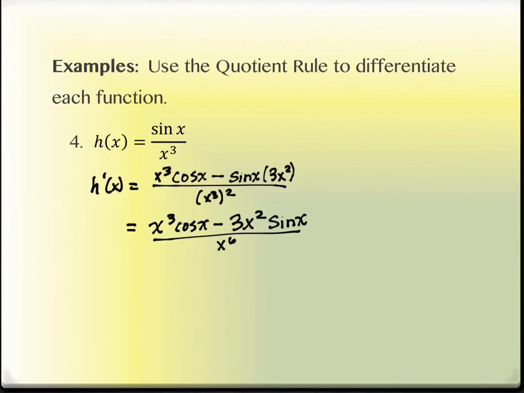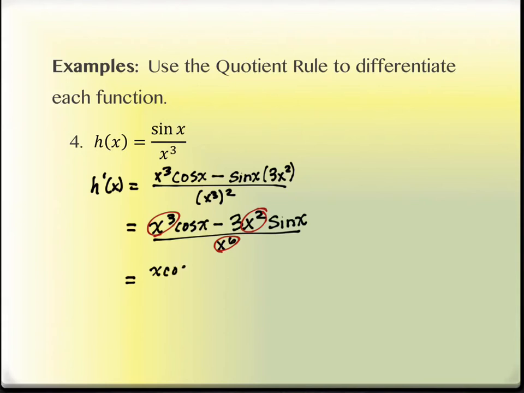How many x's are allowed to reduce or to cancel out? 2. There's an x squared here. I have an x cubed here, which means there's an x squared in it, right? And I have an x to the 6th here, which means there's an x squared in it. So I'm going to reduce each of them by a power of 2, right? An x squared value. So x cubed reduced by x squared becomes x.